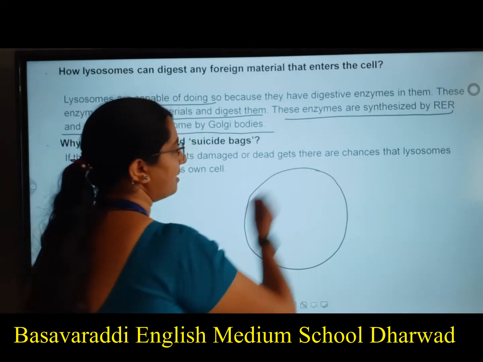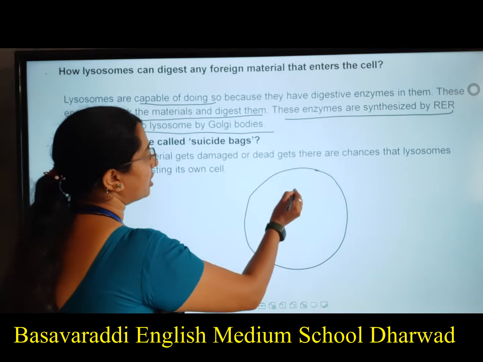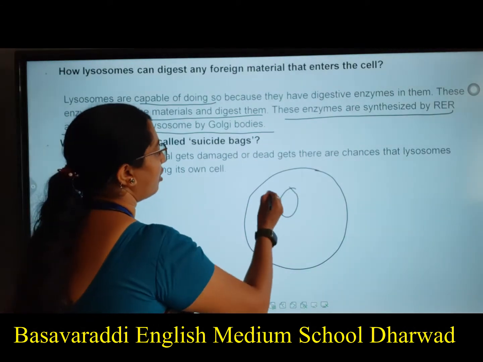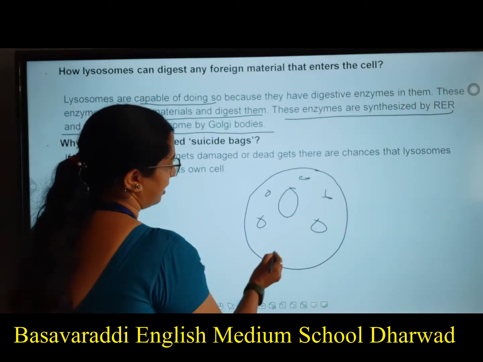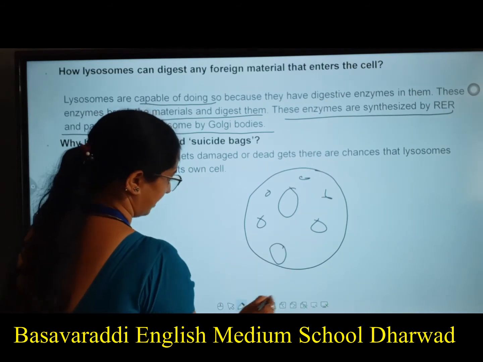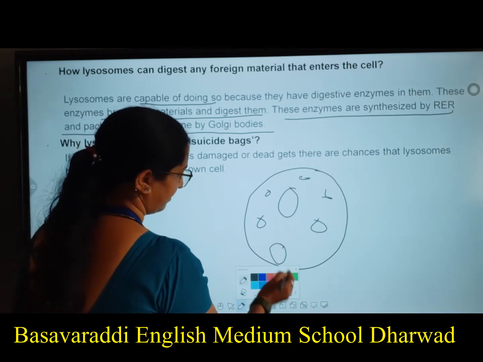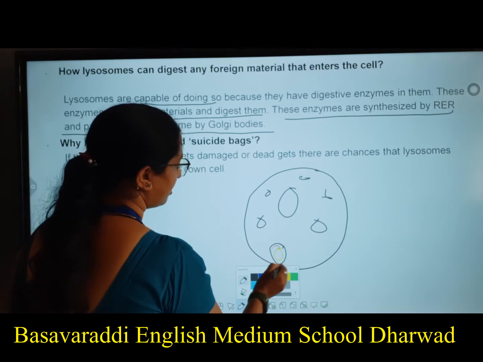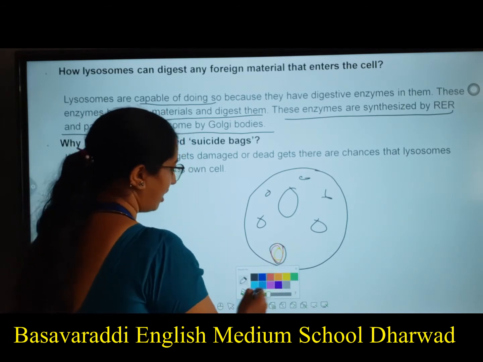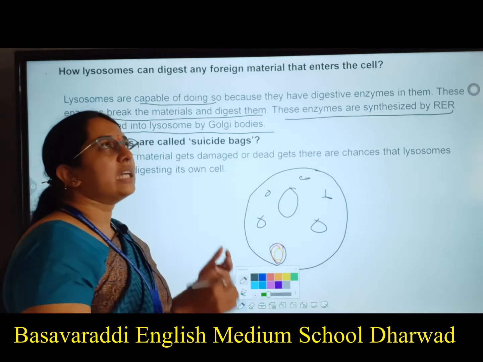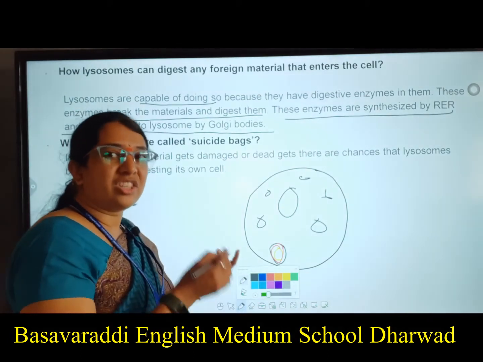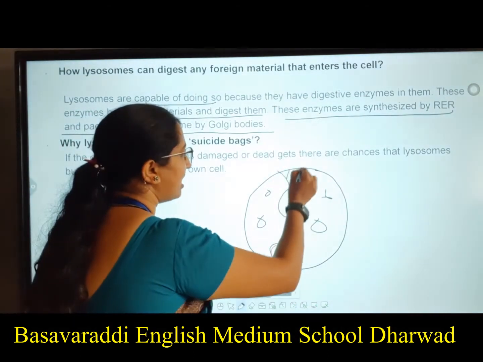If this is your cell, so now you have the nucleus, you have all other cell organelles in it, and this is your lysosome. I'll take a different color for that. So this is your lysosome. What happens if the cell organelles in your cell itself have tears or any kind of breaks?